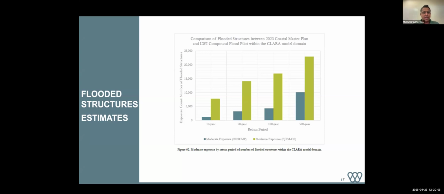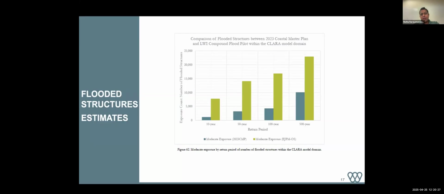And then the first thing we did was, hey, how does the exposure for flooded structures compare when we look at compound flooding events versus just the coastal-only consideration? So what we're seeing here, the blue rectangles are from a coastal-only effort, the 2023 Louisiana Coastal Master Plan.